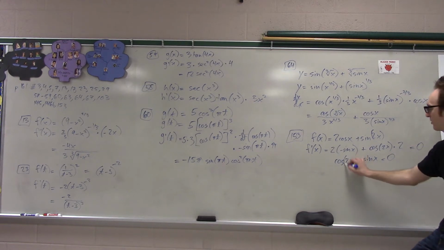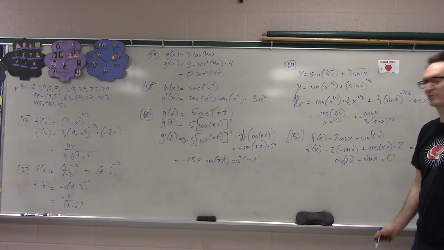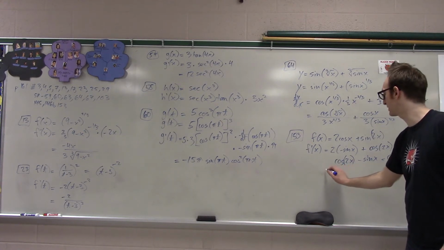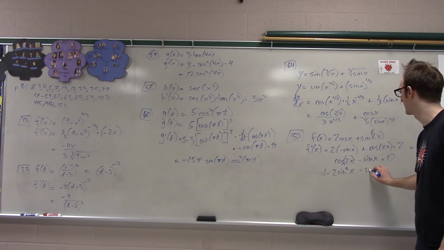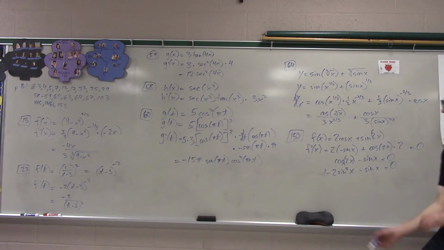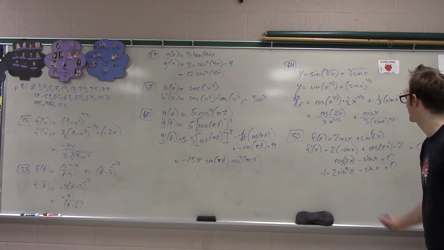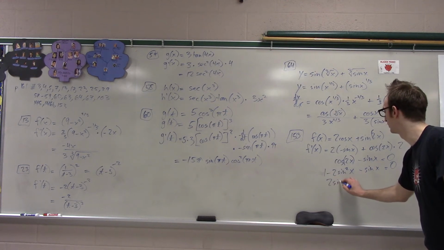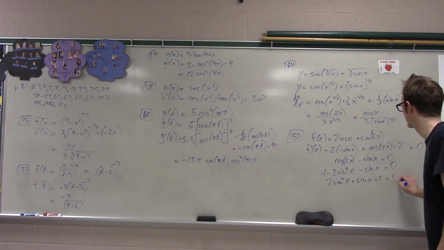Okay, this is now completely a pre-calculus problem. Do you know how to solve this trig equation? I do, because there's an identity for cosine 2x, and in particular, the 1 minus 2 sine squared x identity is most appropriate, because now I have something which is quadratic in sine. So if I multiply through by negative, I get 2 sine squared x plus sine x minus 1 equals 0.